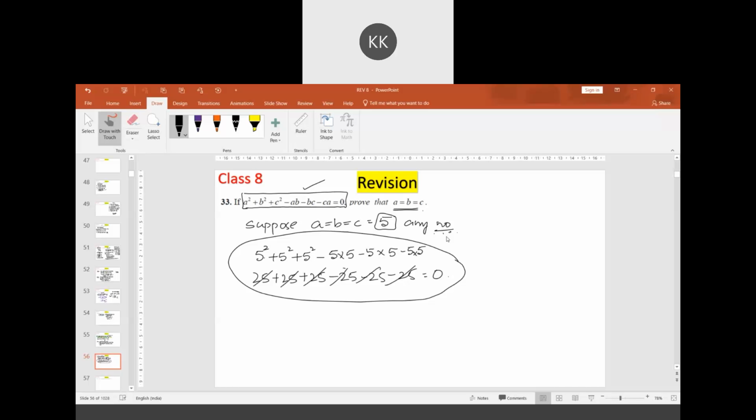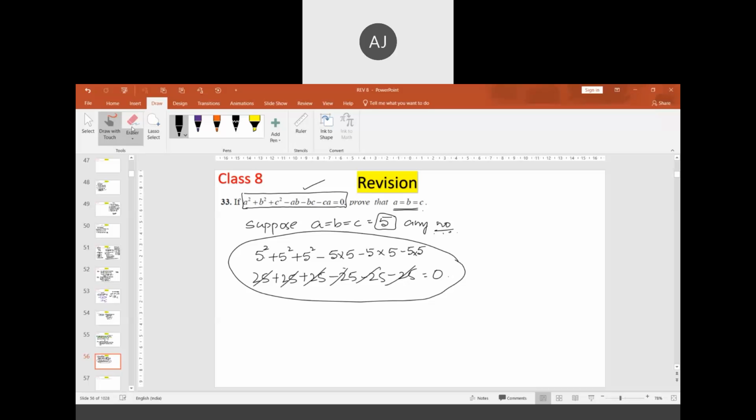Sir, in all the cases, the value of a, b, and c will be equal, sir. That is this proof only, you are telling a, b, and c values are same. Can we do something else? Something else we have to do. We should not consider the result itself for showing.